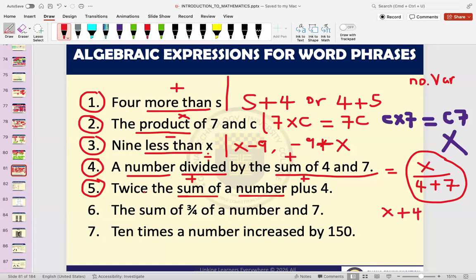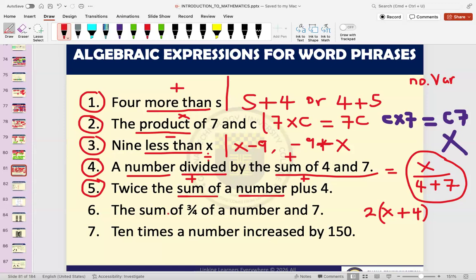It says twice. Twice means 2 times. That's what twice means. So twice the sum of a number plus 4. So this is how it will look. The 2 is representing the twice. Twice the sum of a number plus 4, right?